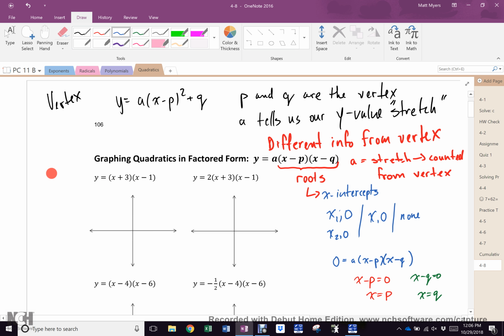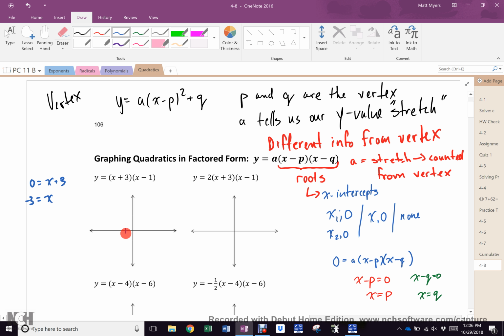To find the zeros, 0 must equal x plus 3, correct? Which means x must equal negative 3. Does everyone agree? So where is x equals negative 3? On the x line, which way?